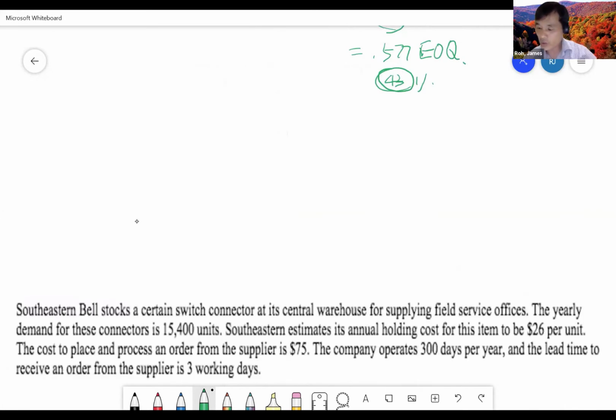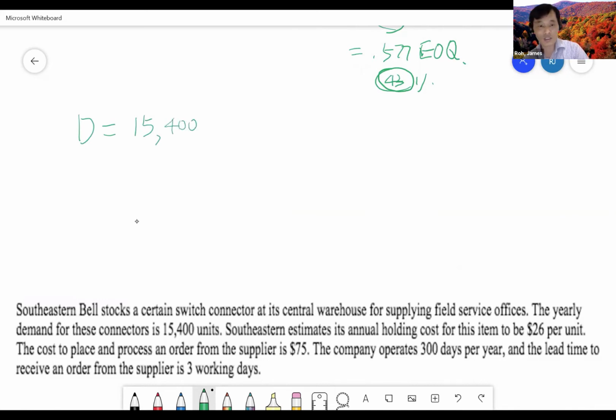So we know here that annual demand, D, equals 15,400 units. That's what we saw.